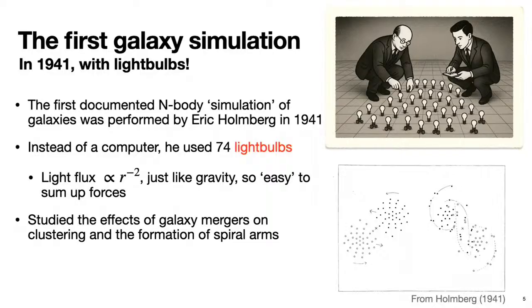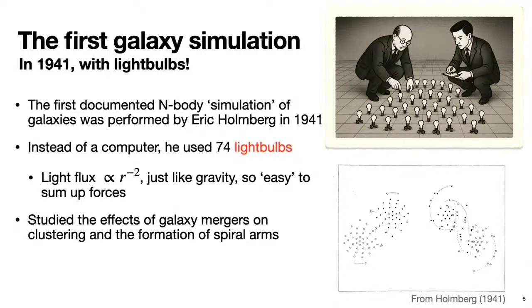So I think it's kind of acknowledged that this is the first galaxy evolution experiment. This was done by Erich Holmberg in 1941, and it was done with light bulbs, not with computers. So they set up 74 light bulbs, and they had some kind of a sensor on each light bulb, which could measure the light. And this actually can kind of replace gravity because the light dilutes as radius squared.